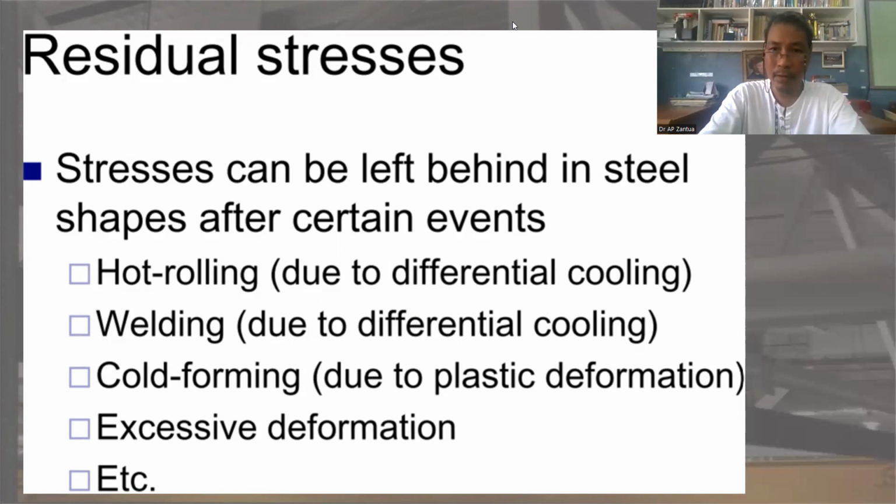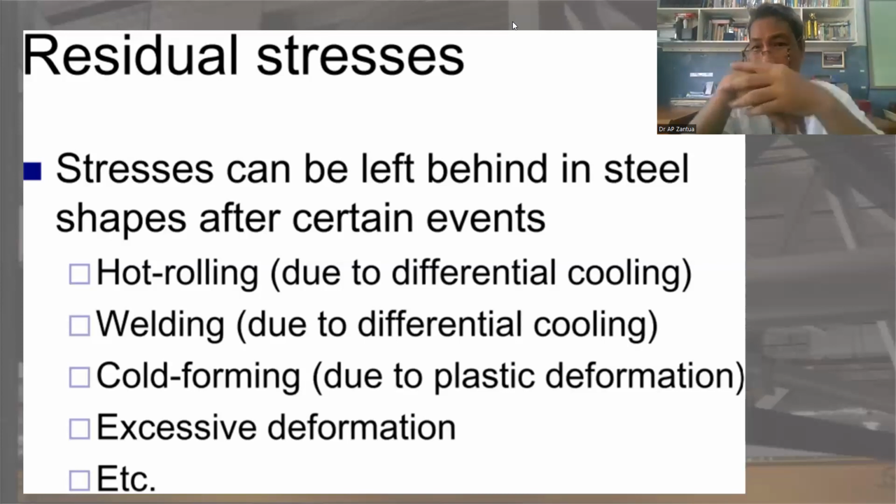That stress is what we call due to differential cooling. The same happens when you weld the material. After welding, the property was okay, but there is a residual stress inside or around the welded portion. So the stress is retained.